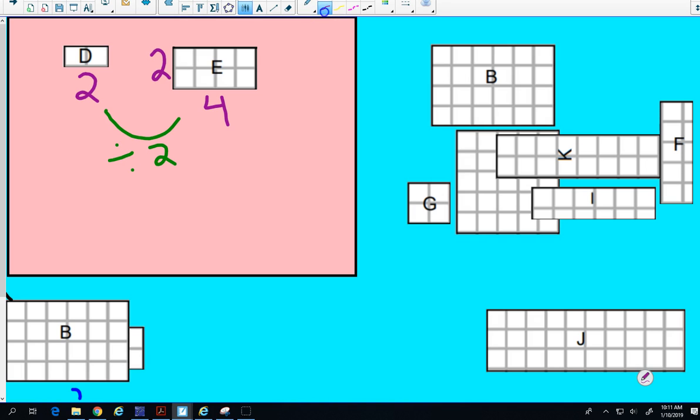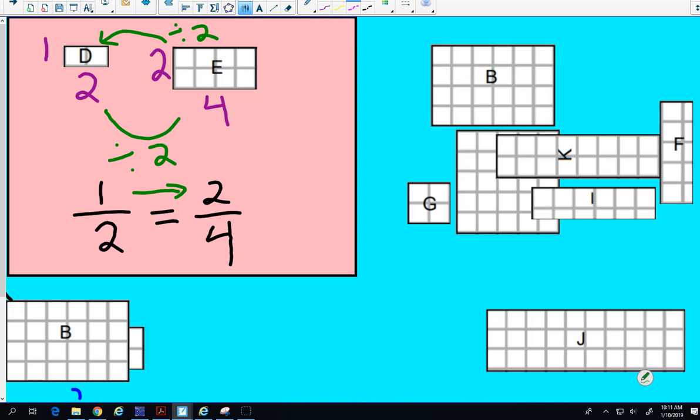And then if I take the 2 for the bigger shape and I divide that by 2, I get 1. So then my proportion here would be 1/2 is equal to 2/4. And she was thinking about it as dividing by 2 because she was going from the larger one to the smaller. But if I looked at it this way, it's a times 2 relationship. But either one is fine. Okay? Make sense? So go ahead and glue these down in your notebook and write down your relationship.